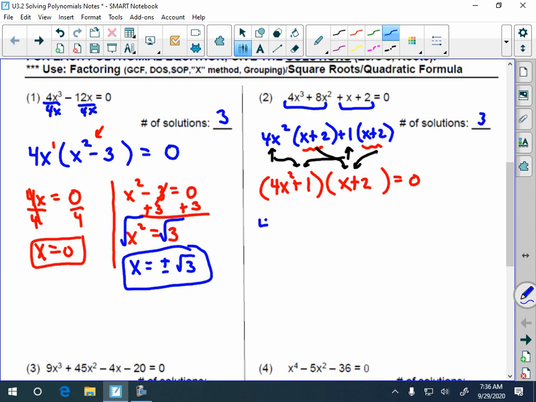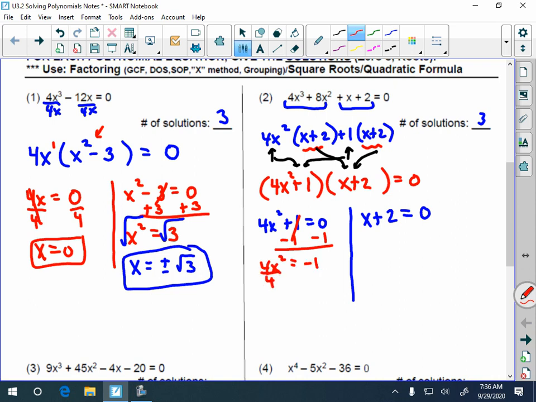Alright, so we factored it, now we're going to go ahead and solve it. So the 4x squared plus 1, that's a degree 2, so that's going to get us 2 solutions that we're looking for. And the x plus 2, that's a degree 1, so that's going to get us 1 solution that we're looking for. Alright, so here I'm going to subtract the 1 over. I'm going to divide by 4. I'm going to square root.